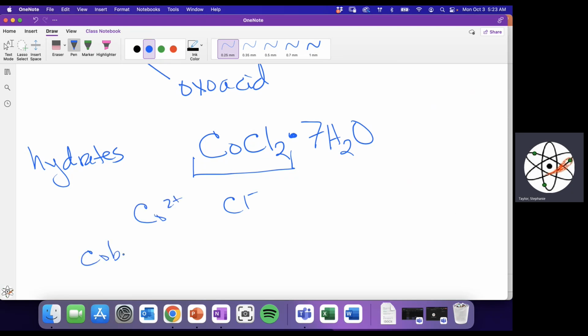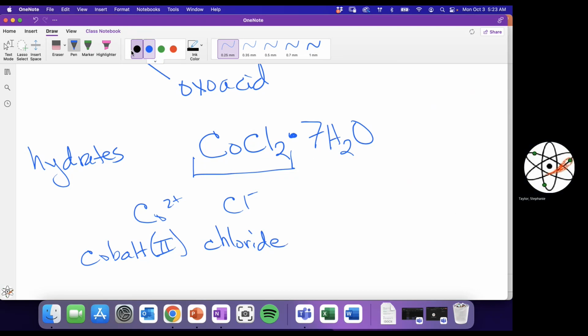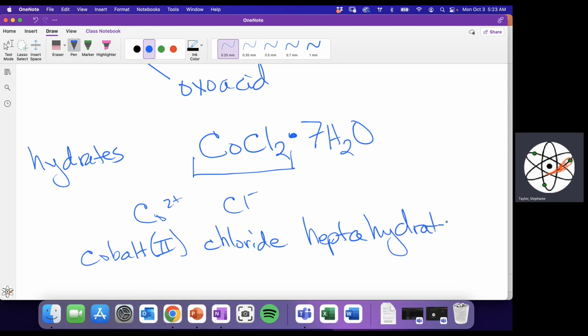So this is cobalt chloride. And then I gotta name this thing. Well, that's a 7 and now water. So I am actually gonna name this then using my Greek prefixes. This is hepta. And then when you talk about water, we drink water, we stay hydrated. It's a hydrate. Ta-da!